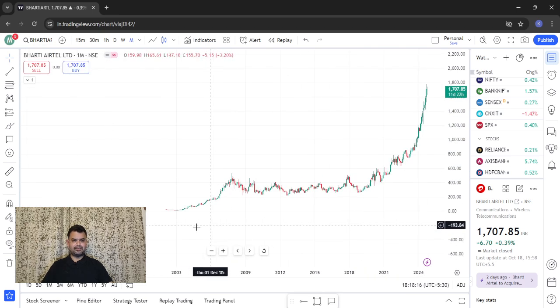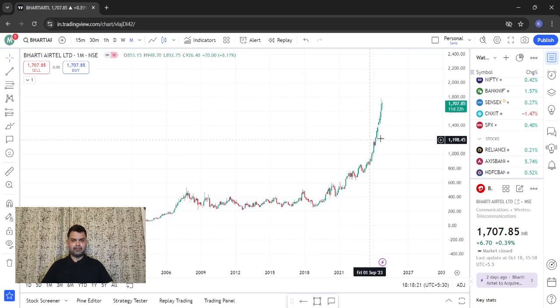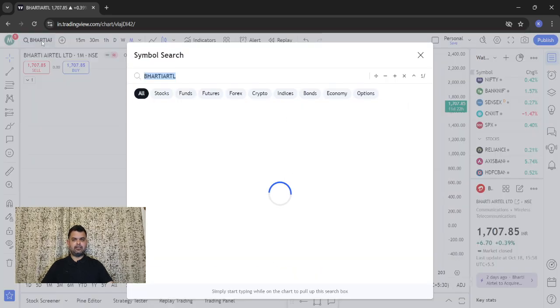Okay, friends, in the past 22 years, this is the return Bharti Airtel gave to its investors. So let us explore one more chart and try to understand the magical moment.